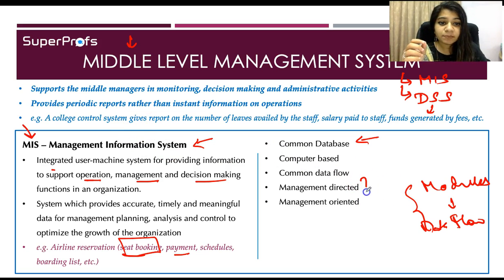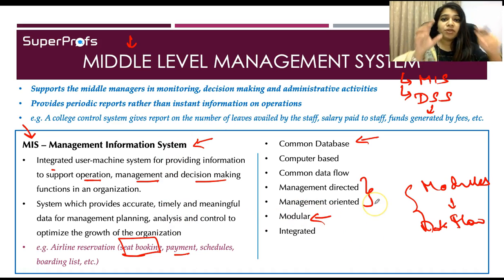Because this primarily helps the managers in making decisions, in managing and taking control. So it has to be management directed and management oriented. And as I said, common data flow should also remind you that it should be modular. Alright. Now if there are different modules, and you need them to work in totality, then it has to be completely integrated.